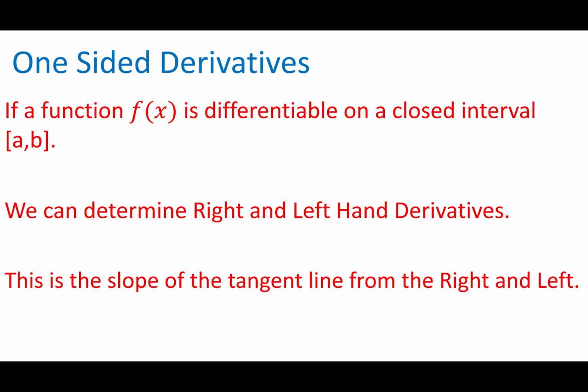Because if we're approaching some point we can see, okay, is it going to be the same derivative from the left as it is from the right? If that's the case, we can find that derivative. If it's not the case, we cannot find the derivative.